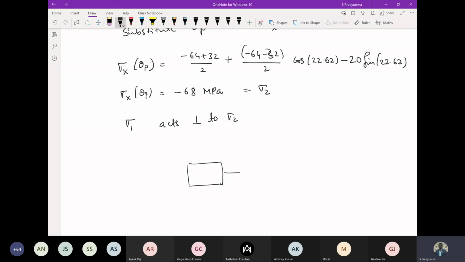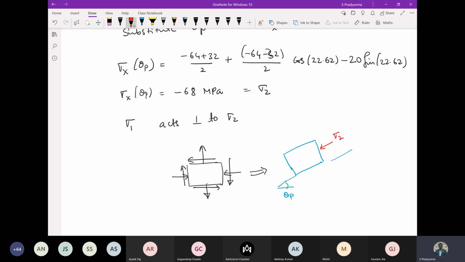So this is now equal to sigma x, sigma y, tau xy. Okay, so this actually transforms, when I rotate this, so this is rotated like this, with this angle equal to theta p, and what are the stresses here?